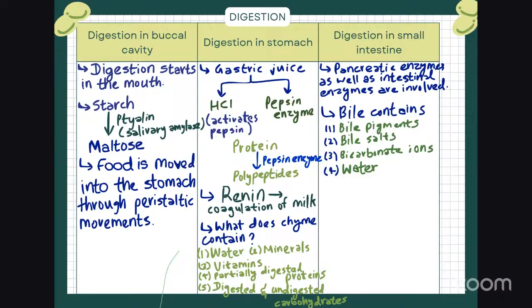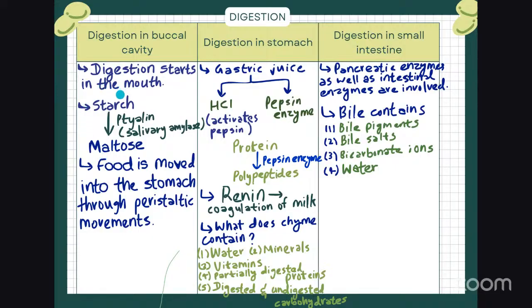Sorry for the disturbance. Right. Digestion occurs in three places: the mouth, the stomach, as well as the small intestine. In the mouth, we have starch being converted to maltose.